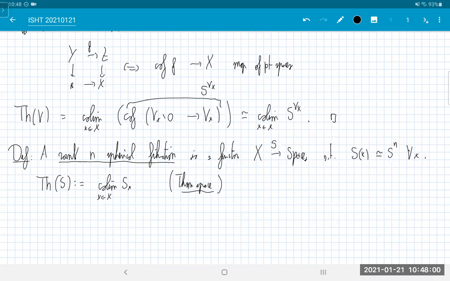You might ask, okay, can't I just take instead the unit sphere bundles? This seems a lot more natural as a definition of a spherical fibration. And the answer is yes and no. Yes, in the sense that you can define such a fiber bundle of fiber S^(n-1). That's definitely allowed. And from that, you can get a rank n spherical fibration in this sense, but the vice versa is not true.